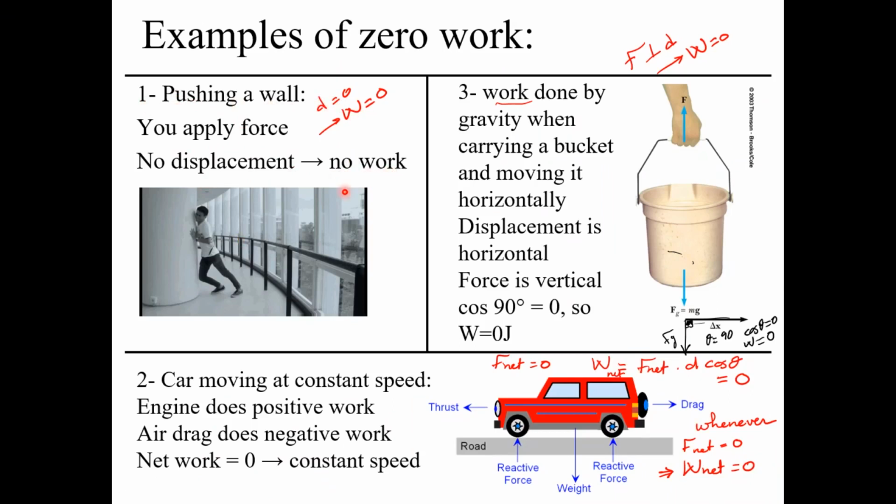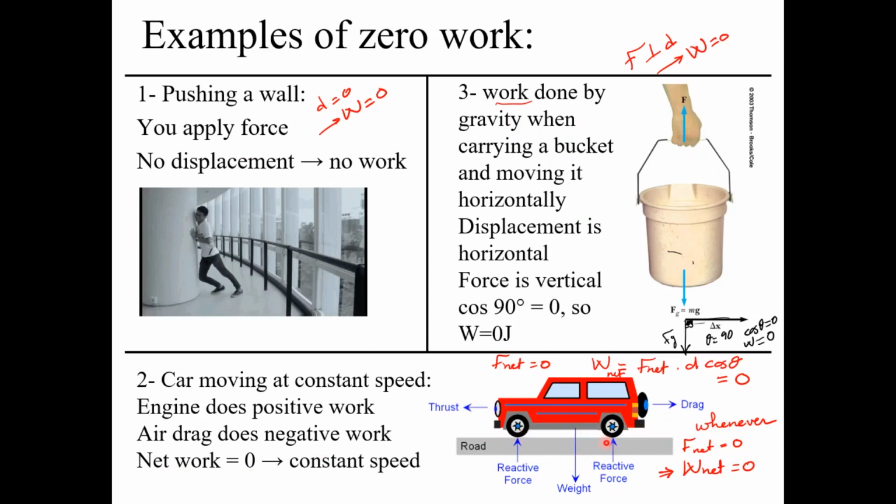Another situation where the work done is 0 is when I have multiple forces, as you can see in the figure here. Each one is doing a non-zero work, but the net work is 0. So this car, for example, the thrust here is doing positive work. It's the engine force. The drag force is opposing the motion. It will do negative work. These two, if I add their work together, I'll get their sum to be 0.